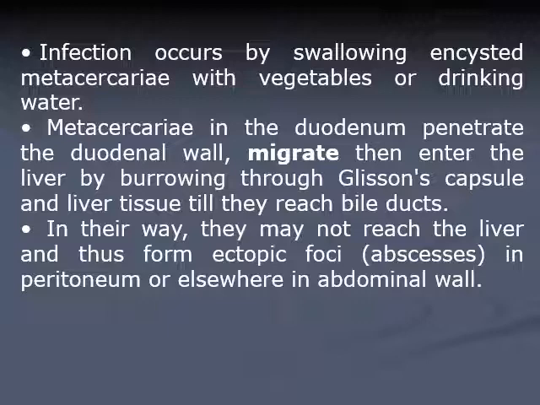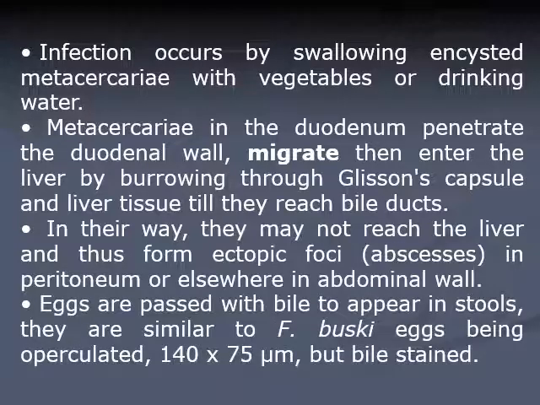On their way, they may not reach the liver, and thus they form ectopic foci or abscesses because they die anywhere else, in the peritoneum or elsewhere in the abdominal wall. The eggs, after a while, are passed with bile to appear in stools.